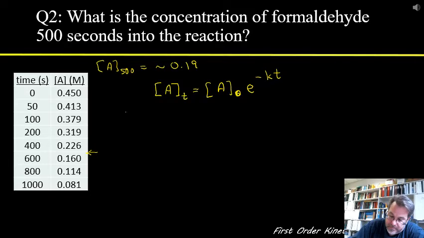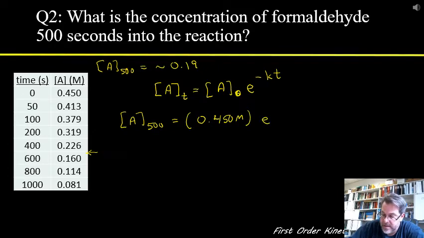So concentration of A at 500 seconds equals the initial concentration, which is 0.450 molar, times e to the negative 1.72 times 10 to the minus 3 reciprocal seconds times 500 seconds.